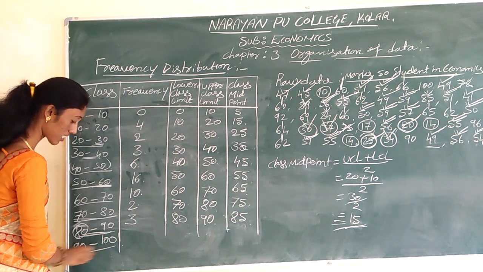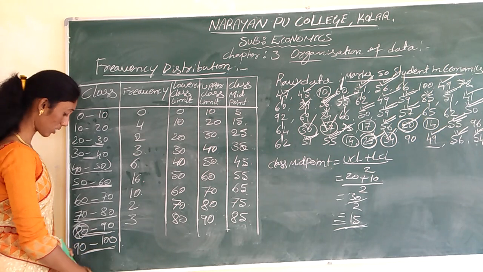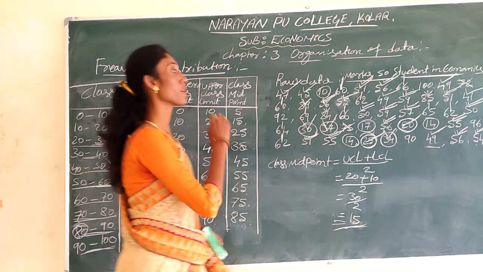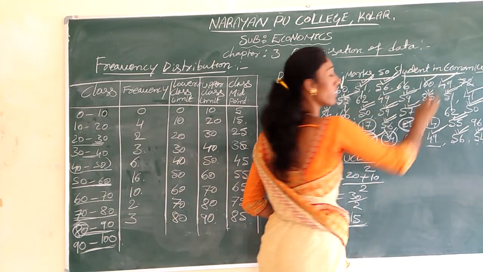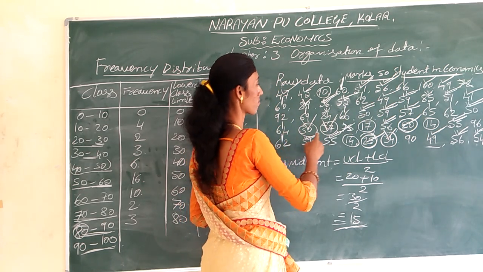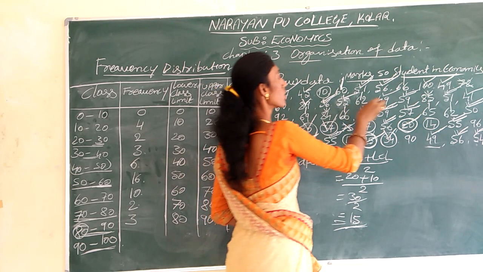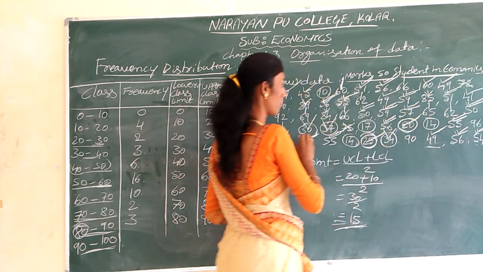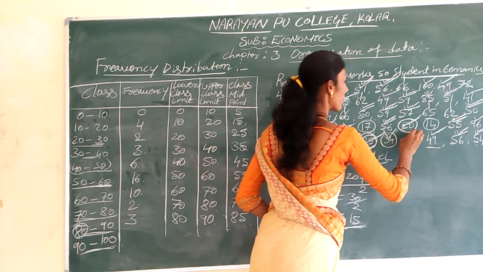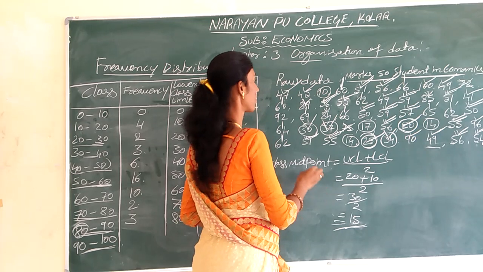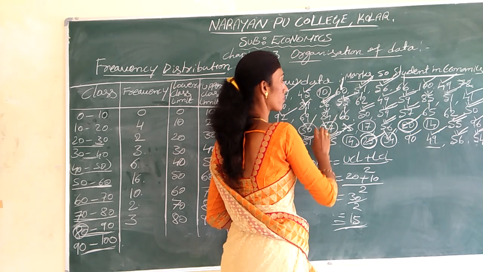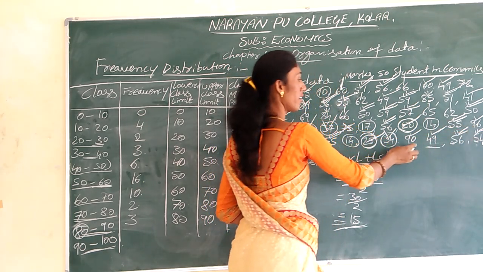Next, one more last class of this frequency distribution is the range between 90 to 100. Here we will get the frequencies like 1, 2, 3, and 4.